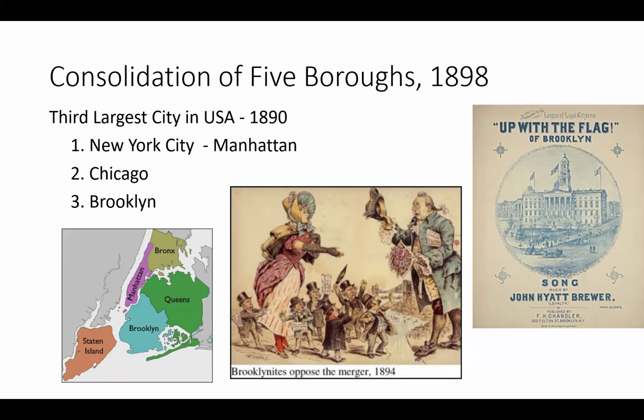But gradually they were won over. Brooklyn, which in 1890 was the 3rd largest city in the United States after Manhattan and Chicago. New York City merged with Brooklyn, Queens, the Bronx, Staten Island, and Greater New York was born.